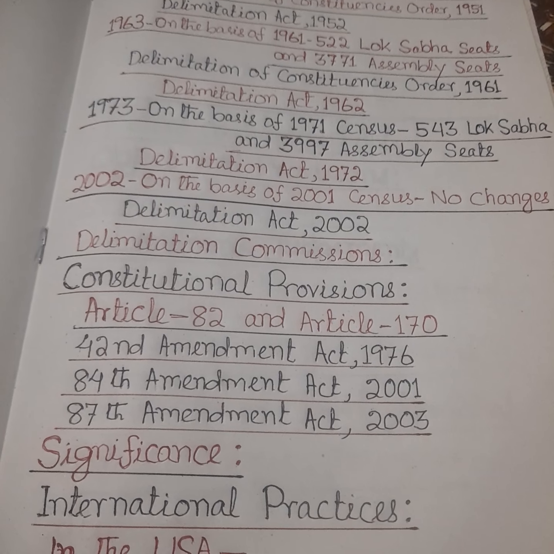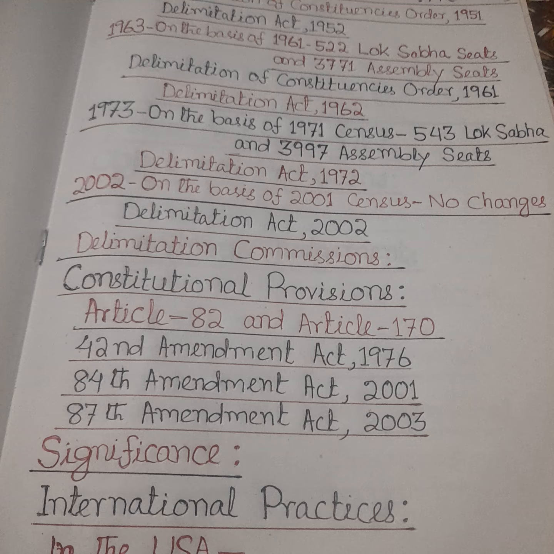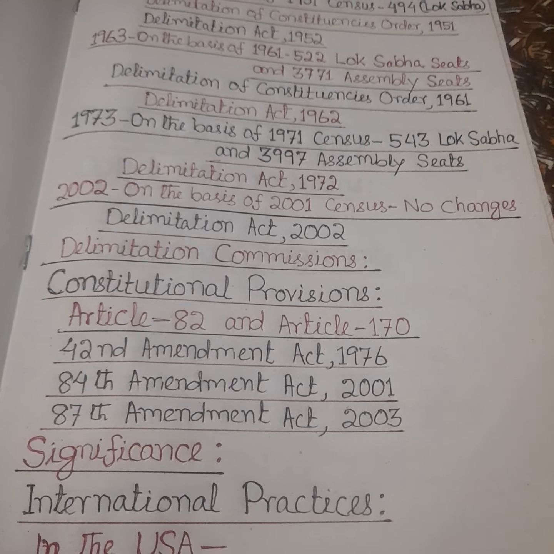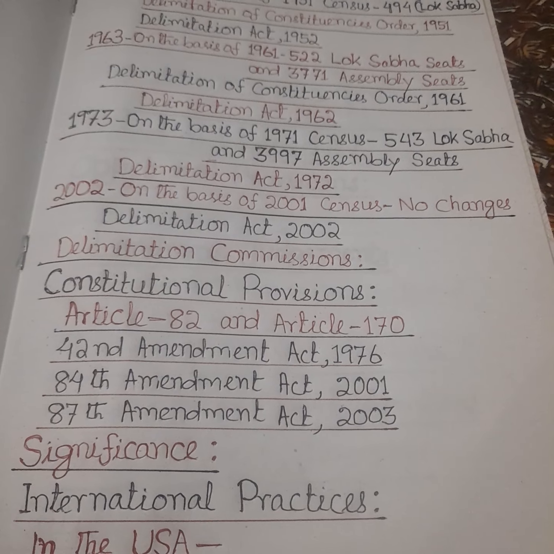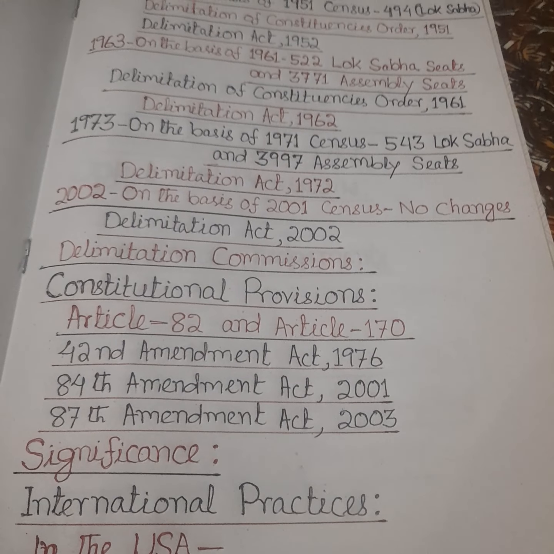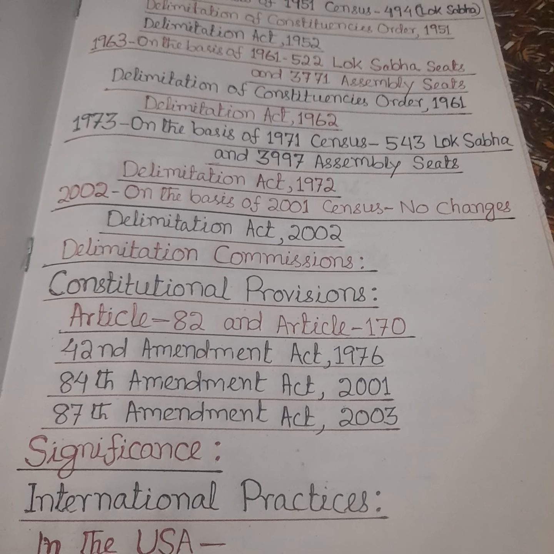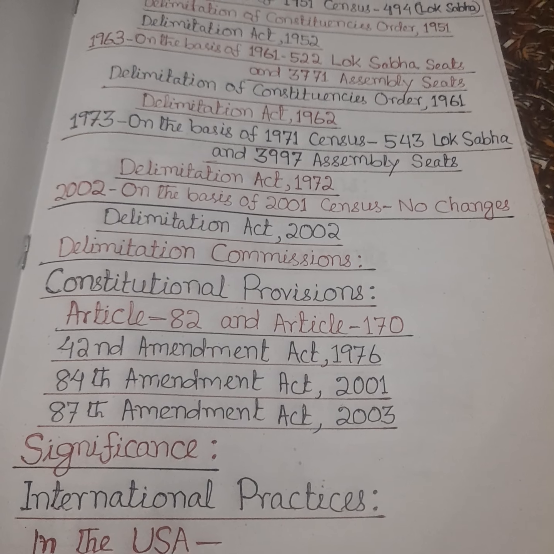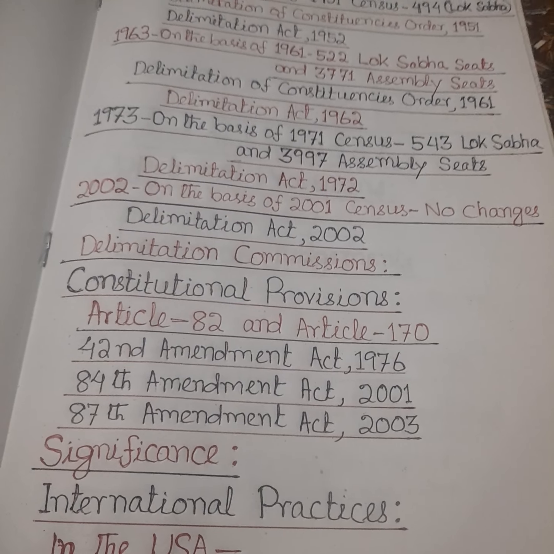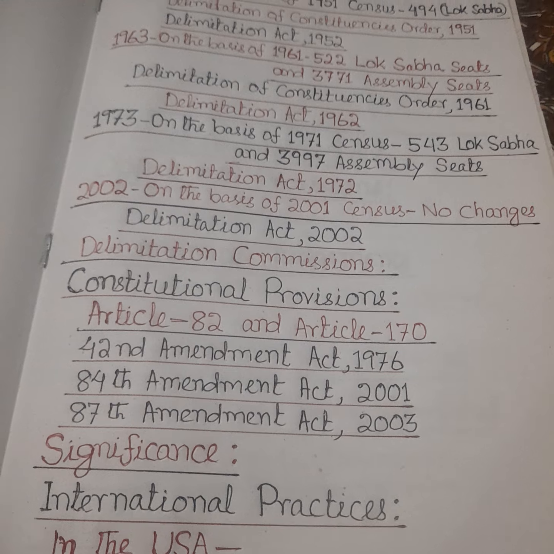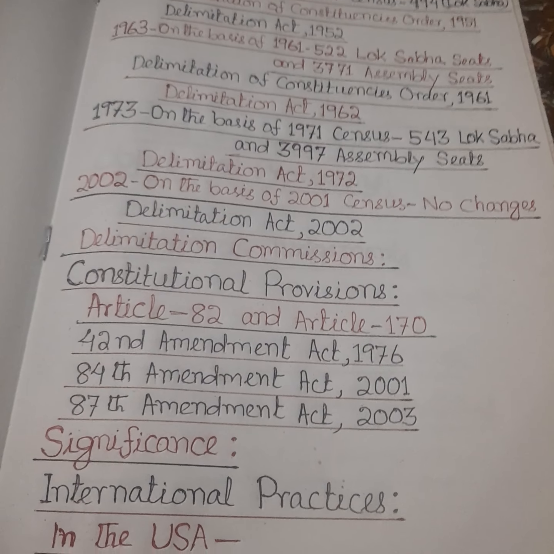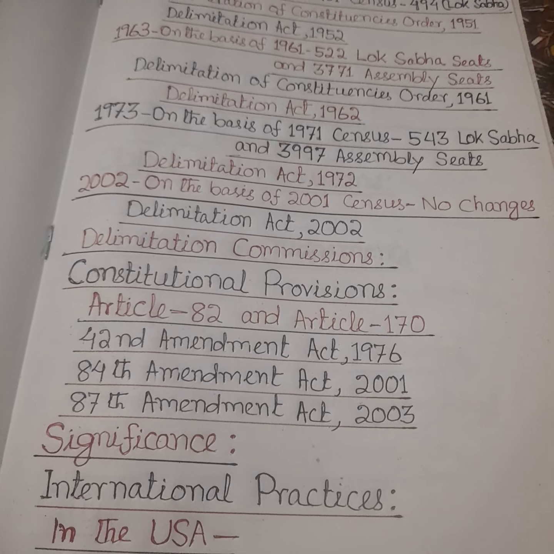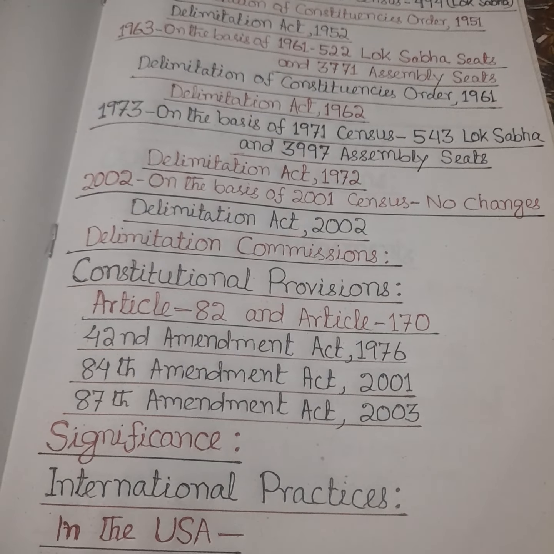under the Delimitation Act enacted in 1962 by the Parliament. Subsequently the third delimitation process commenced in the year 1973 on the basis of the 1971 census, and the Delimitation Commission of 1973 was chaired by Justice J.L. Kapoor.